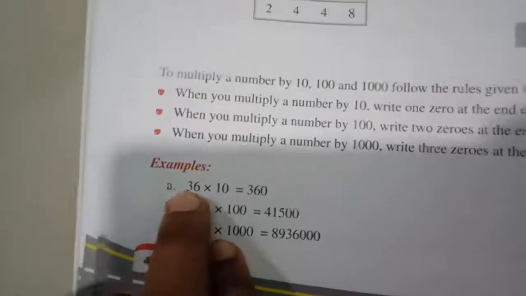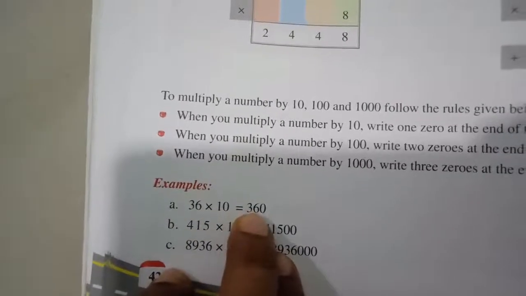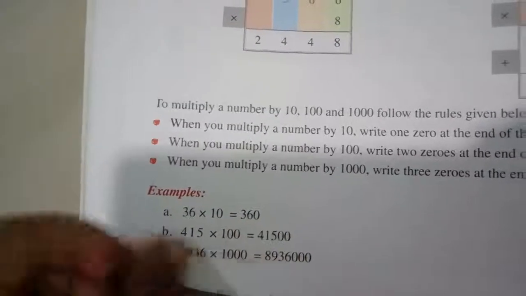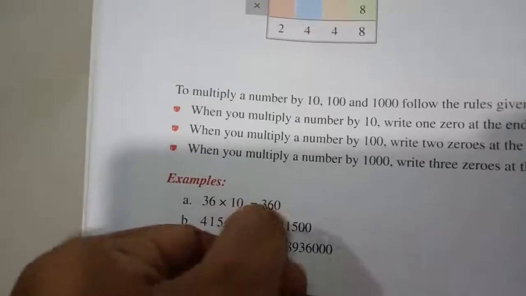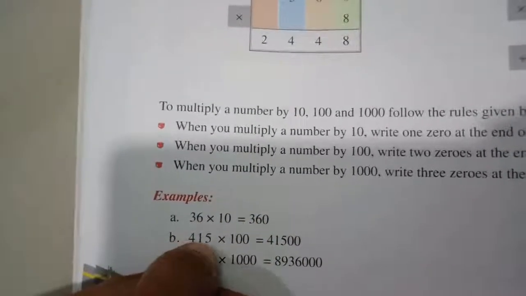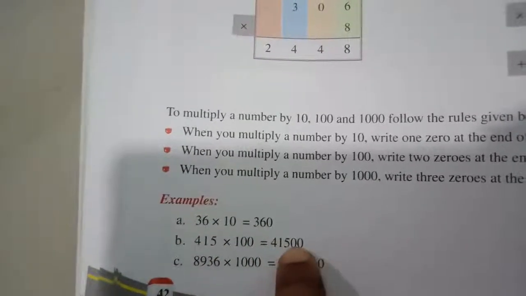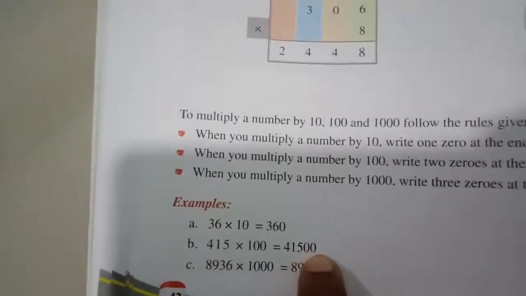See, for example, 36 into 10, 360. Because at the end of 36, you should write 0. Okay. Next, 415 into 100. See, at the end of 415, what you have to do? You should write 2 zeros.